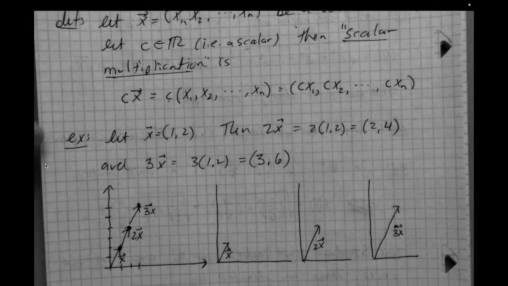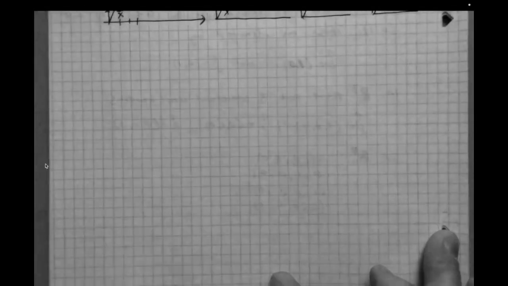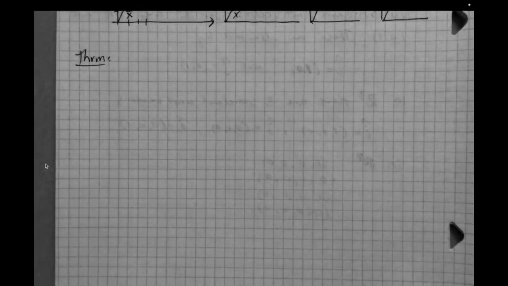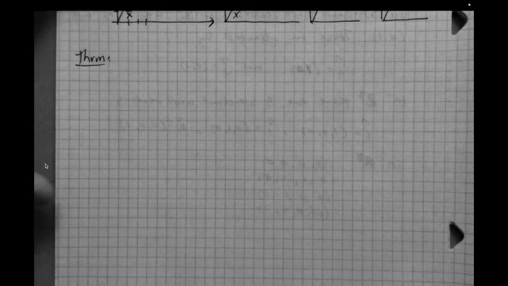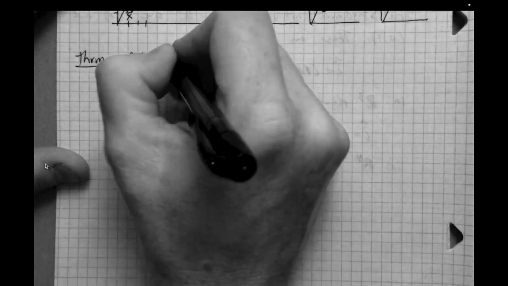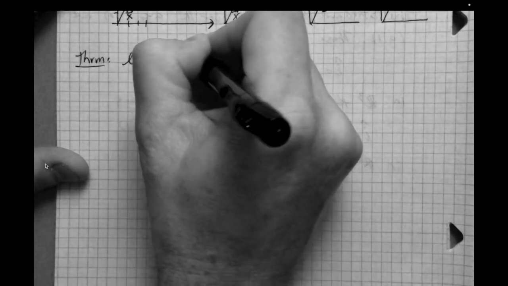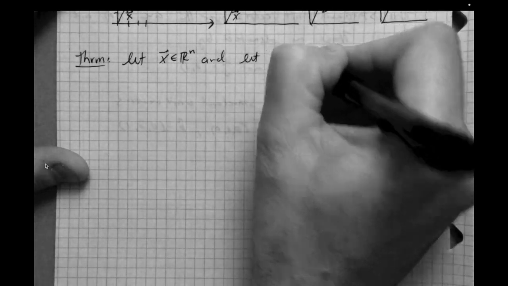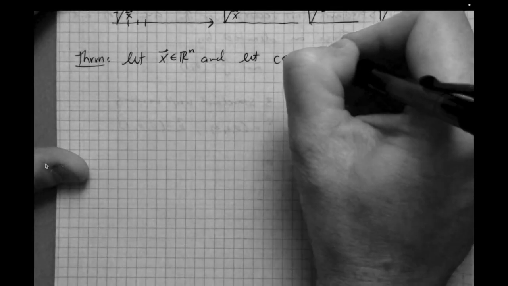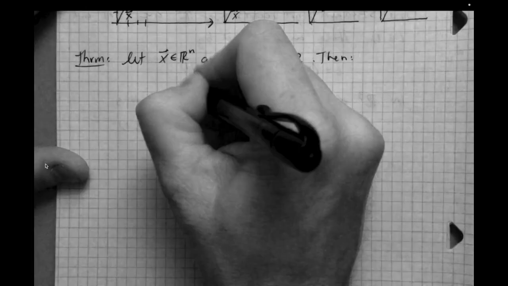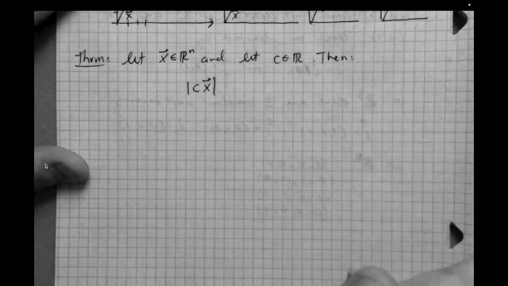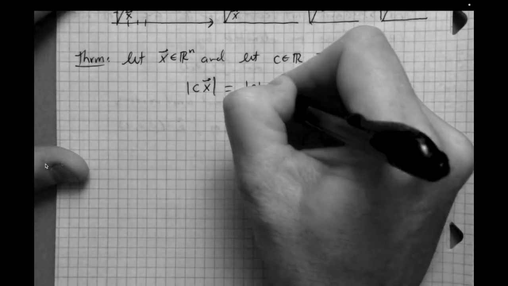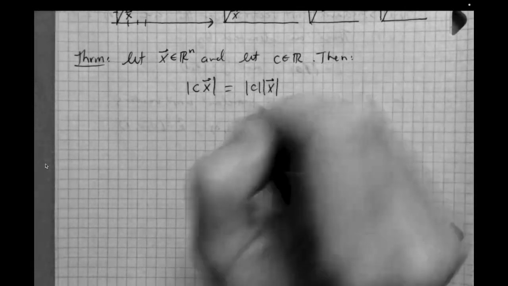Okay. Let's take a look at our first theorem then. Let x be in Rn, so this is a vector in Rn, and let c be a real number. Then the norm of c times x is equal to the absolute value of c times the norm of x.